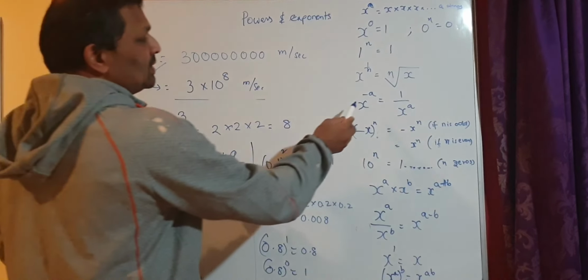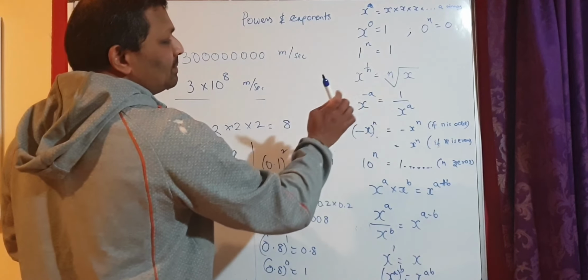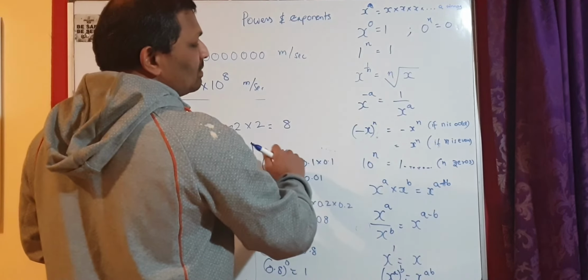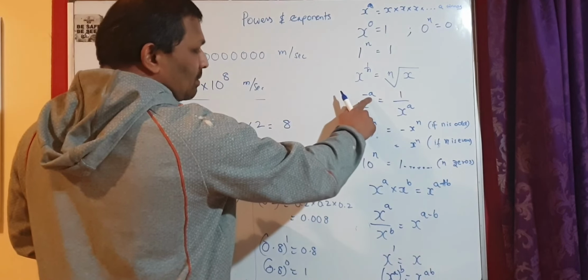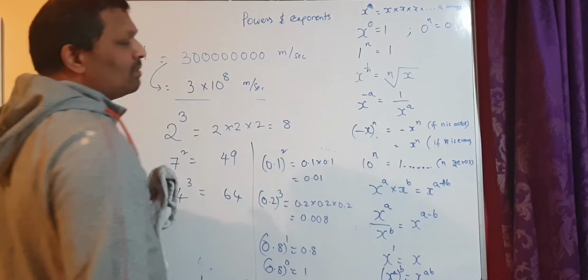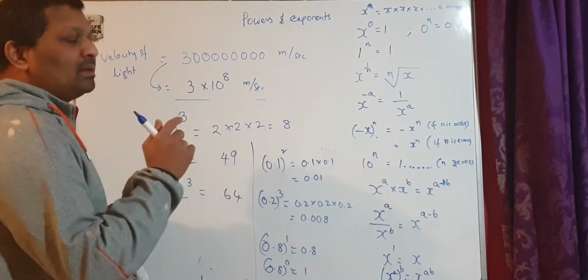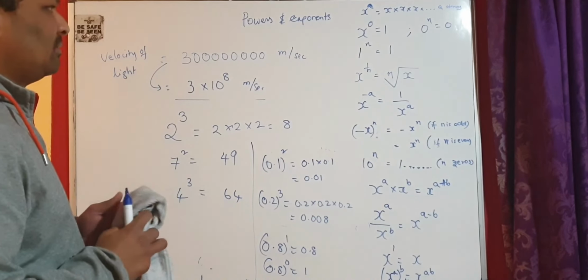For example, as I explained previously, x to the power of minus a is equal to 1 by x to the power of a. If x is a positive number more than 1, and a is a positive number more than 1, we get 1 by x to the power of a, whose value lies between 0 and 1. For now we'll stop here.